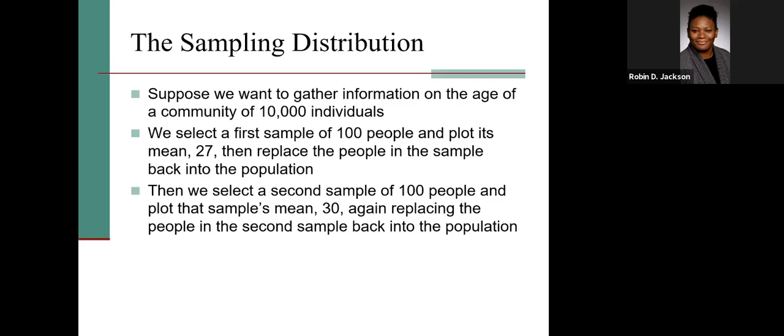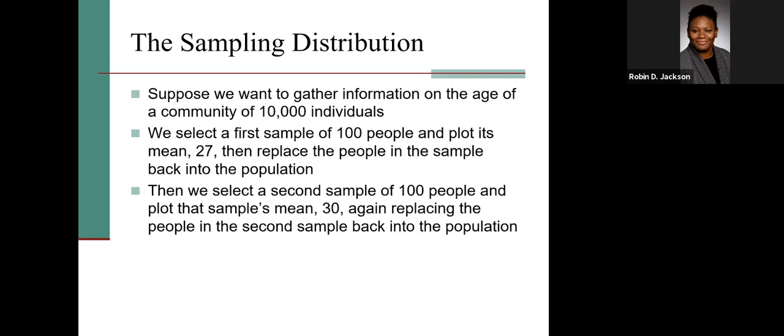Well, they're not going to go out and sample all 10,000 individuals. That's a lot. But maybe they get a first sample of 100 people, then another sample of 100 people, and so on. In the first sample of 100 people, they get the information and find out that the mean age is 27.